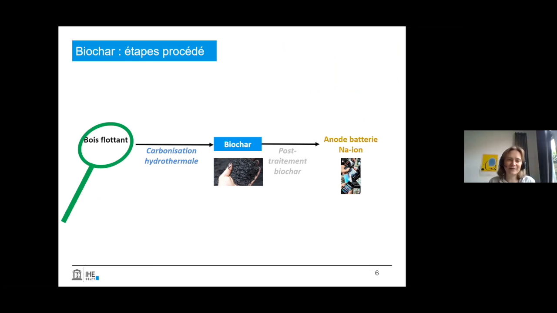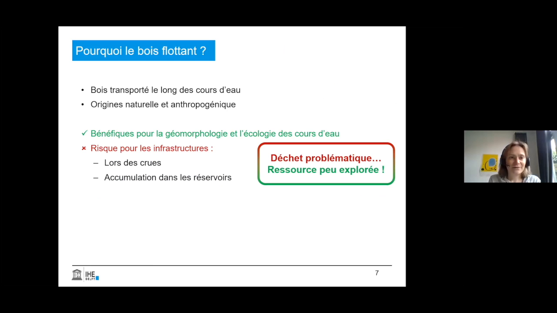Usually, when I do this presentation, I start by explaining what in-stream wood is, but considering the participants, I'm sure you're all aware, if not more knowledgeable than me. So I'll go straight to the point: we know that in-stream wood accumulates in dams and can pose problems to the structure.